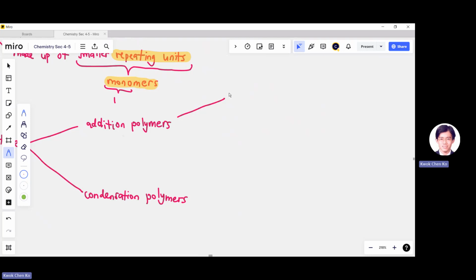So, in other words, basically, addition polymers means the monomer is an alkene. Keep that in mind. That's how you recognize addition polymers by looking at the monomer.